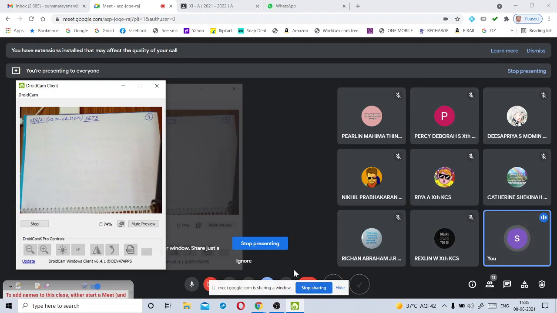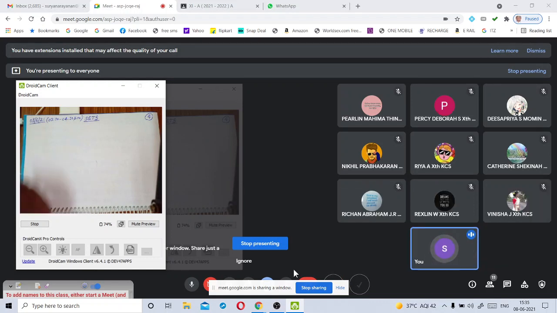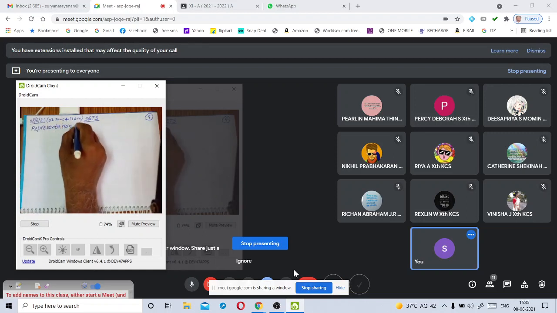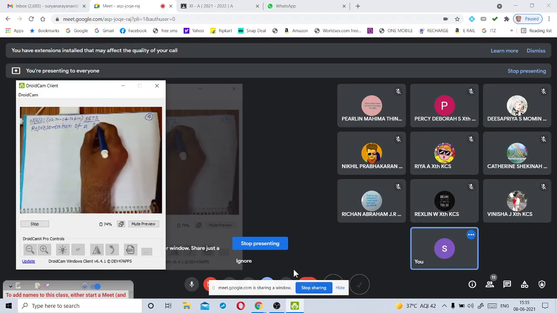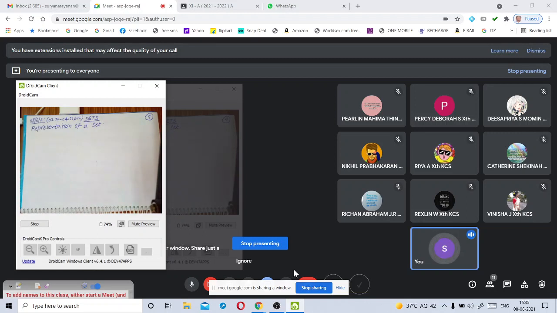Now we discuss representation of sets. Representation of a set. There are two methods to represent a set.